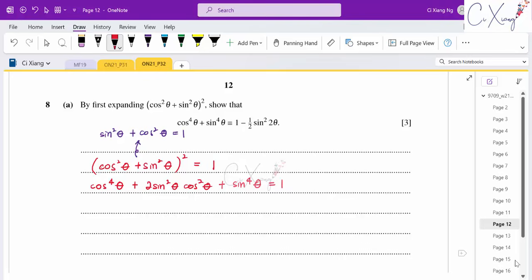Okay, then now, what's the next step? For the next step, you can refer to the final answer here. They want us to keep sine power 4 and cos power 4 on the left. So I will just keep the cos power 4 and also the sine power 4 on the left-hand side. Then I move the other thing to the right-hand side.